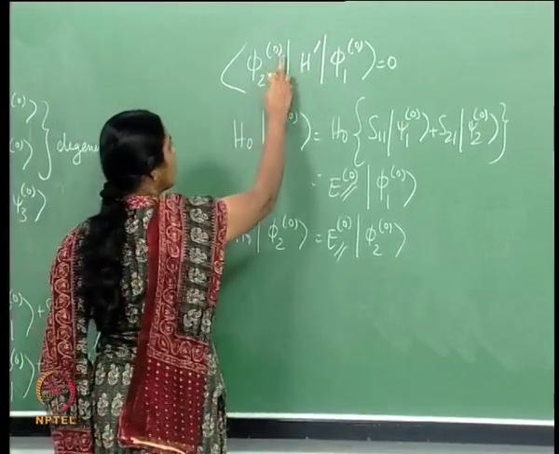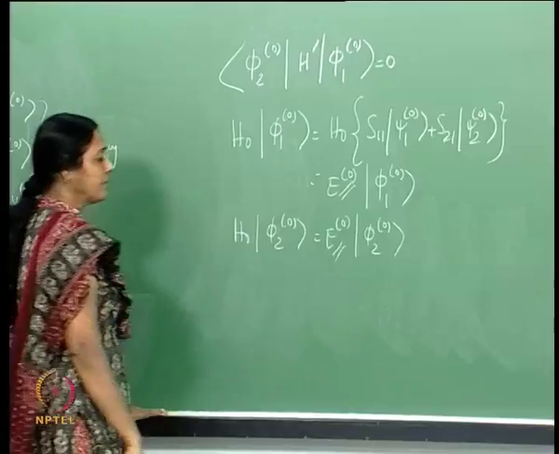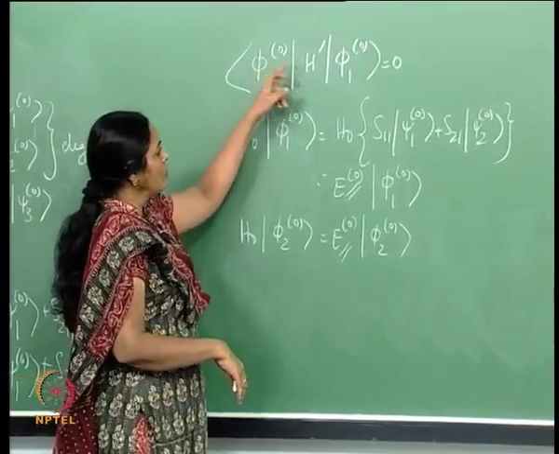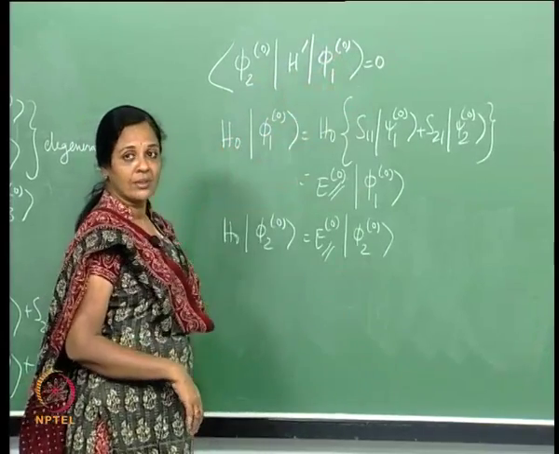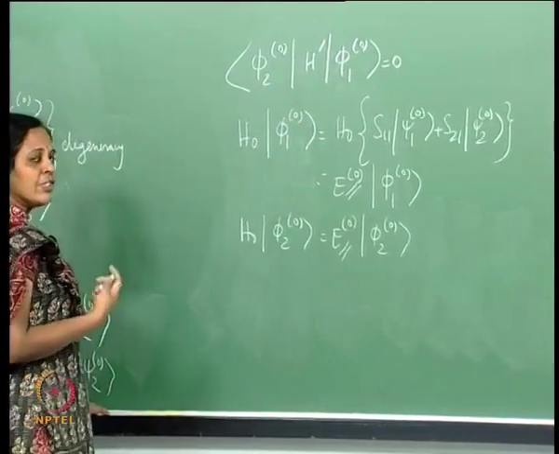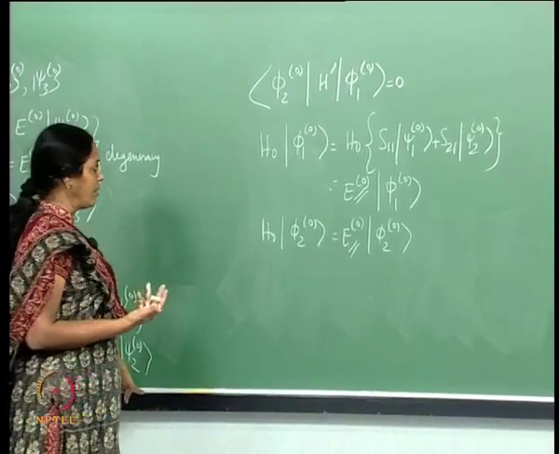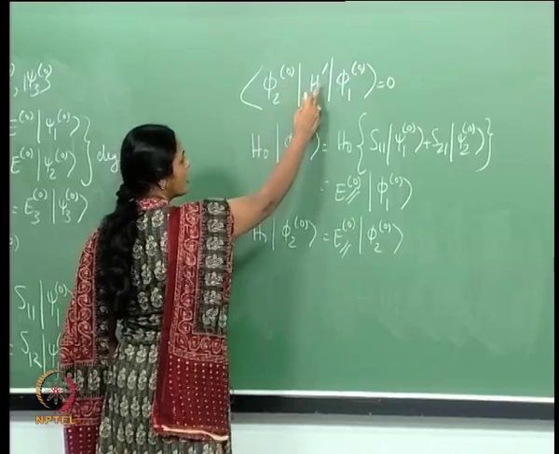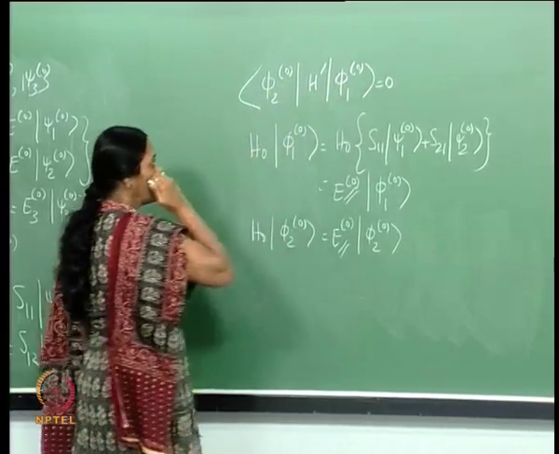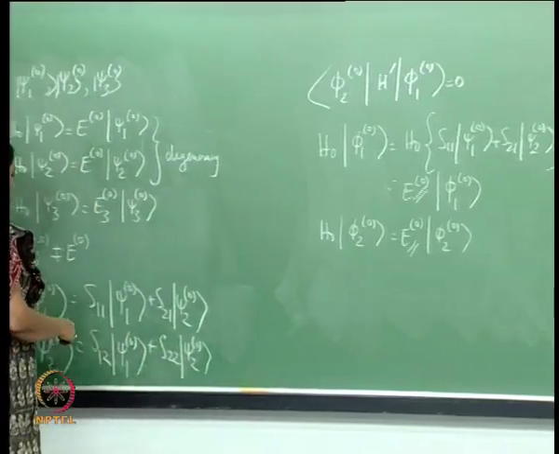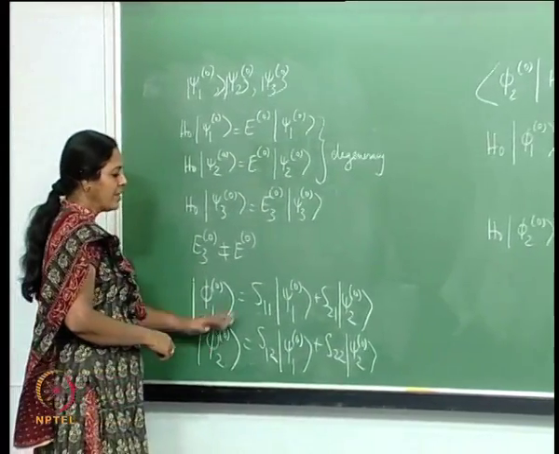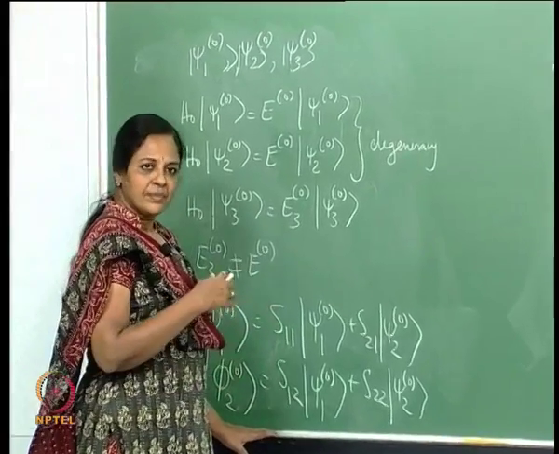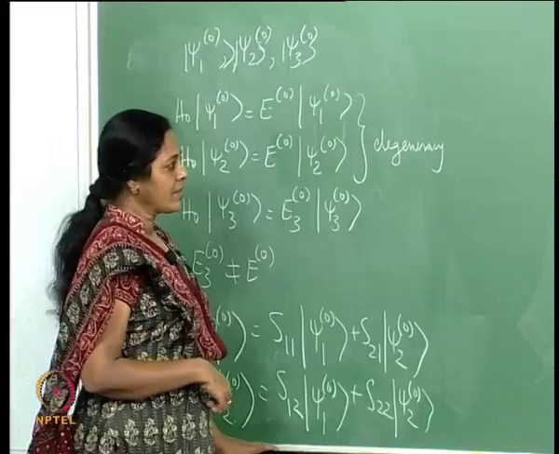I expect phi 2 0 H prime phi 1 0 to be 0, and therefore, its complex conjugate phi 1 0 H prime phi 2 0 here to be 0. In general, if there is a G-fold degeneracy, I certainly expect phi k 0 H prime phi n 0 to be 0, where the phi's happen to be linear combinations of the original G-fold degenerate states.